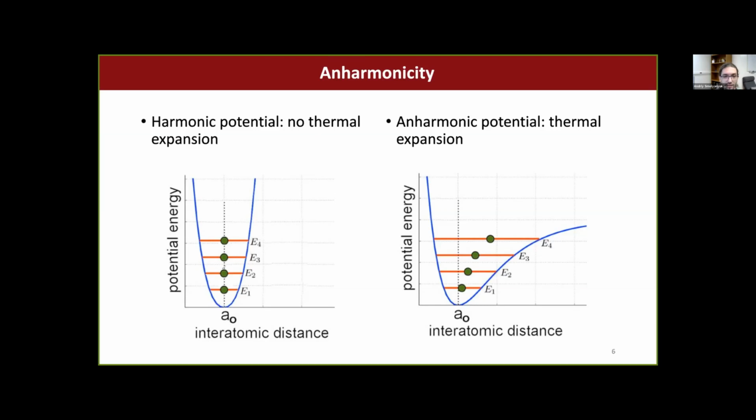This is reflected by this dotted line. However, when you have an anharmonic potential and start increasing the temperature, where each step here is some increase of temperature, you see that the atom moves more to the right than to the left, and overall you get an expansion of your crystal.